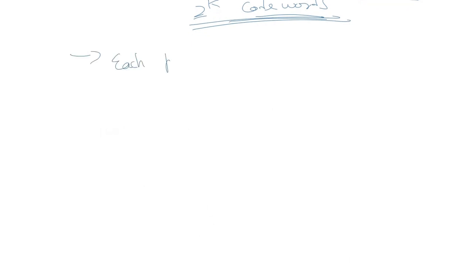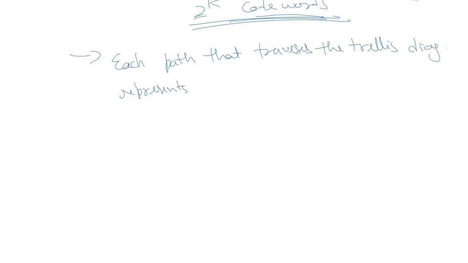Each path that traverses the trellis diagram represents a code word. With the help of this assumption, we can simplify the ML decoding process. So the objective of ML decoding is to find the best path through the trellis that is closest to the received data bit sequence.